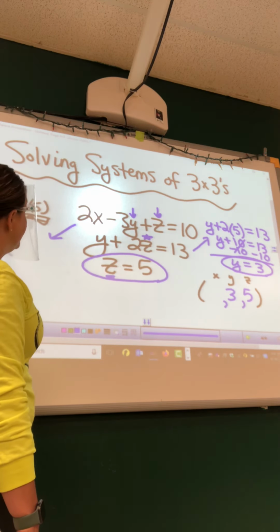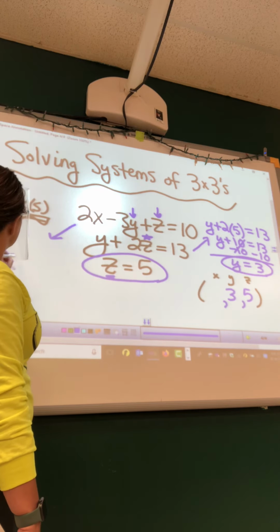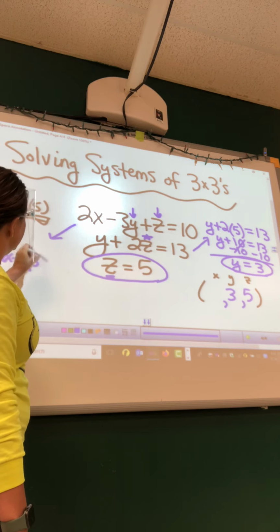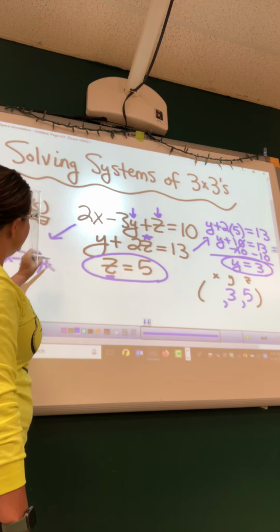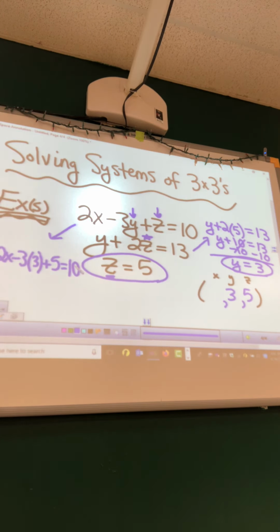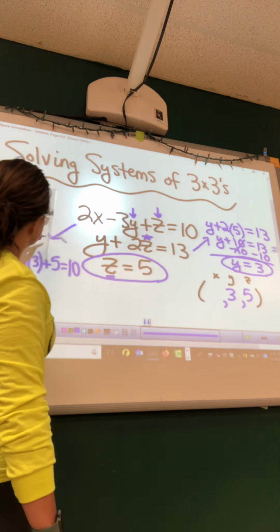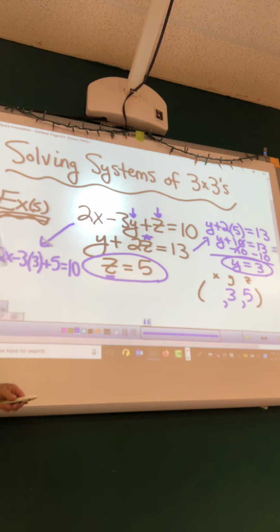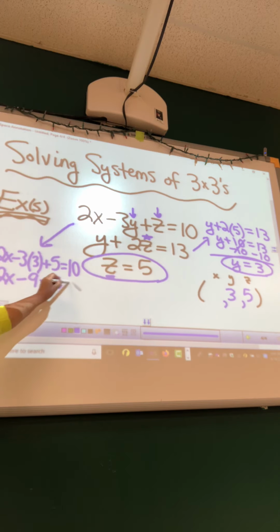All right. 2x minus 3 times my y, which is 3, plus the z, which is 5, equals 10. All right, doing the math, 2x minus 9 plus 5 equals 10.